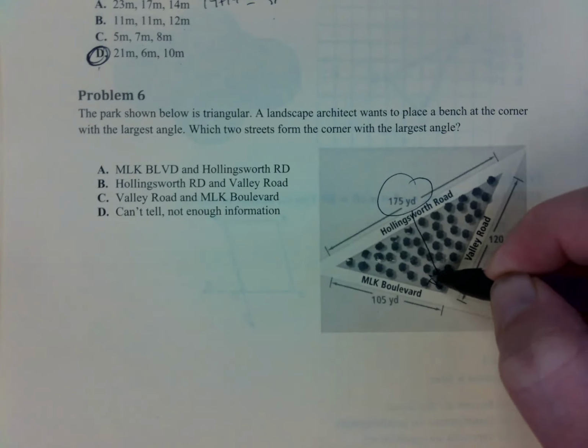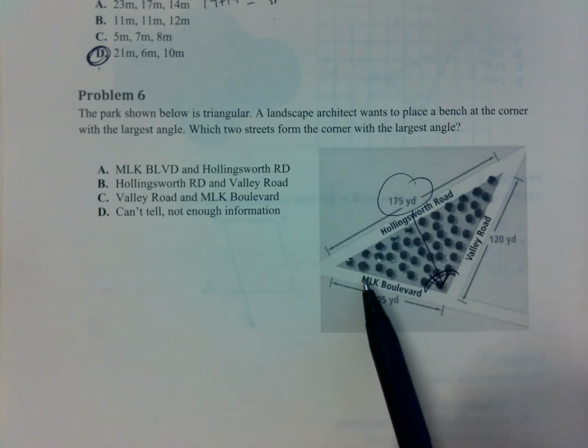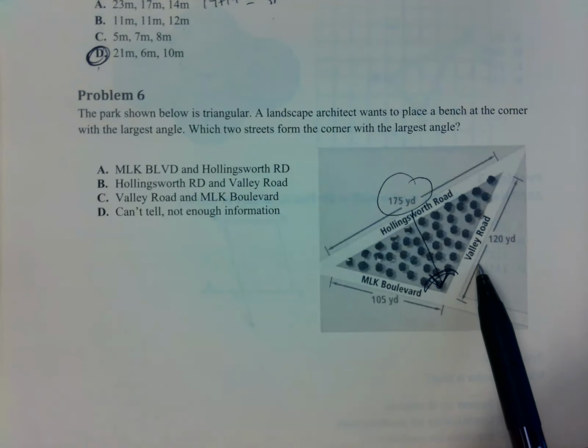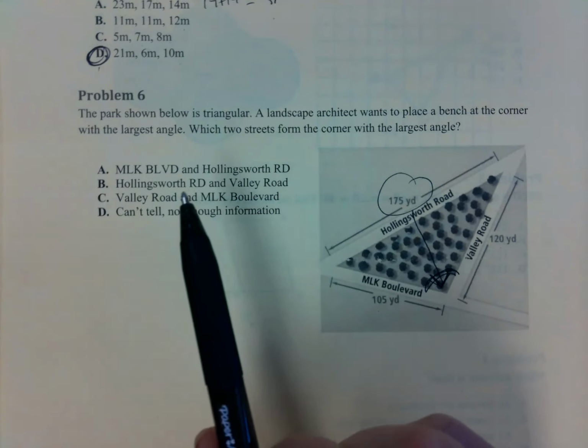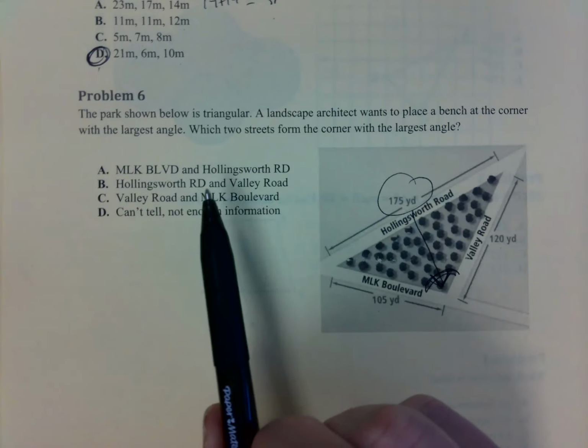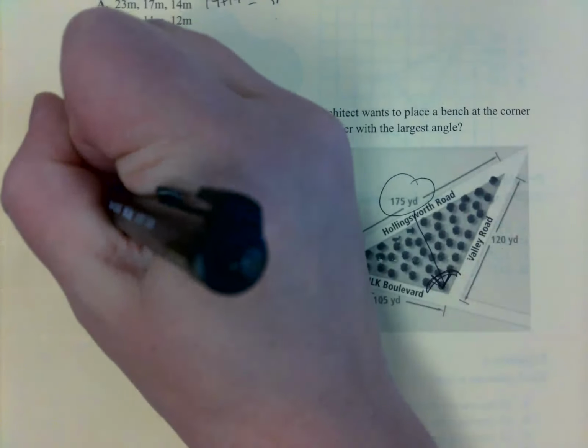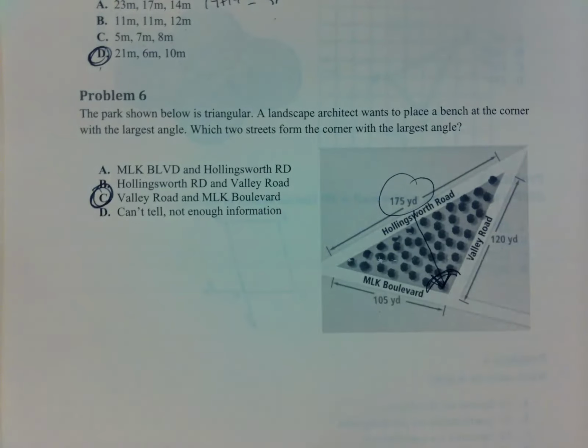So this right here is my largest angle. The two streets that form the largest angle are MLK and Valley. So it'd be C as in cat.